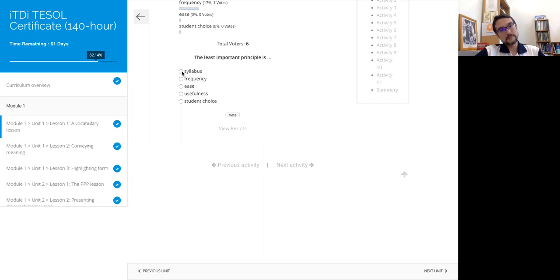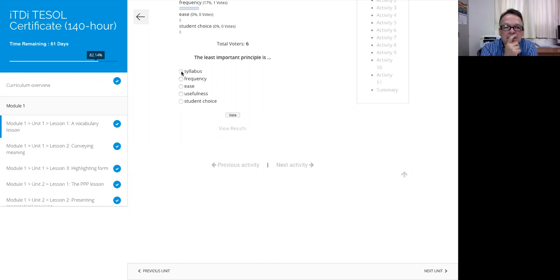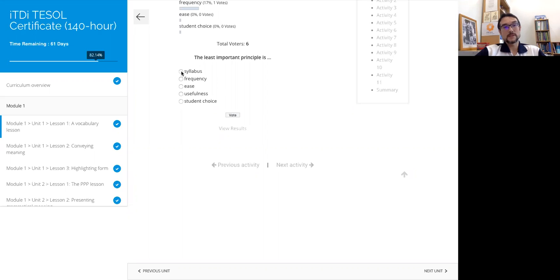So the least important principle in some ways is the syllabus, because it's driven by their choice. And it wouldn't be the syllabus of a course book, because they're not taking an exam that's going to test them on the vocabulary. But if they're my junior high school or high school students and they're going to be tested on the vocabulary in the syllabus, then that may be the most important for them in that context.